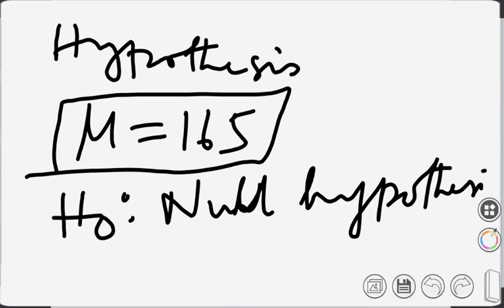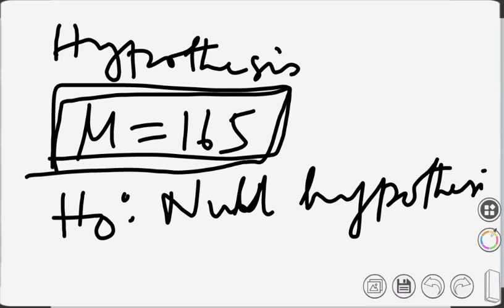For a parametric test, a particular value is suggested. If I am writing mu equals 165, this is a null hypothesis, suggesting that this is a parametric test where the population parameter mu, the population mean, is tested for the value 165.